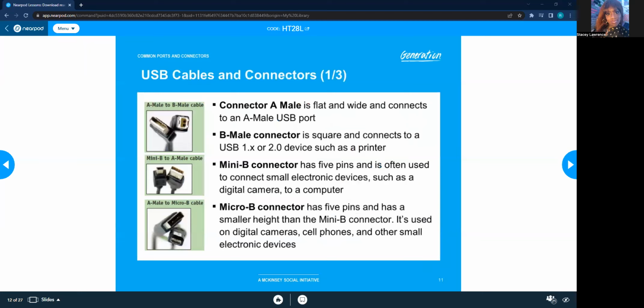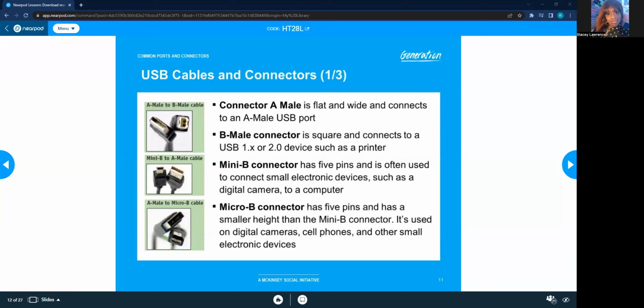Yes. USB cables and connectors. Connector A is the male, is flat and wide, and it connects to an A female USB port. B is a male connector, is square and connects to a USB 1.1 or 2.0 device such as a printer.